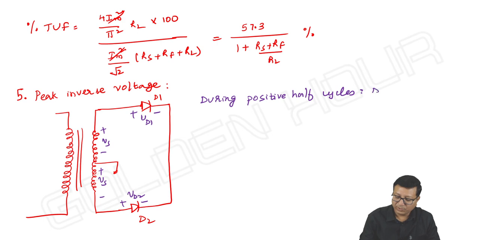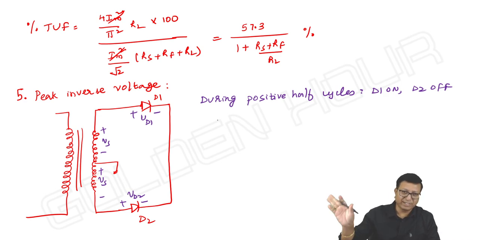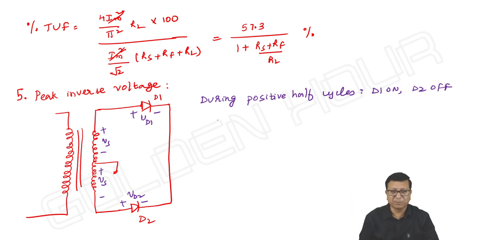What happens? We know D1 is on and D2 is off. So D1 almost acts like a short circuit and D2 acts like an open circuit. Anyway, there is another connection through which ID1 is flowing, no doubt about it. Just for our understanding, to calculate PIV, I'm taking this particular loop.